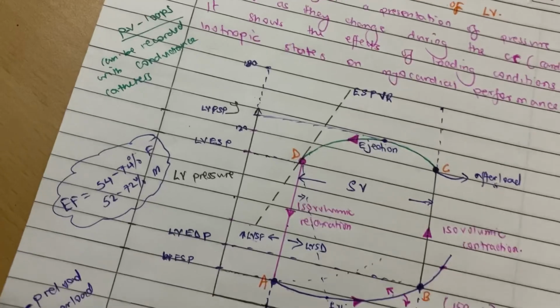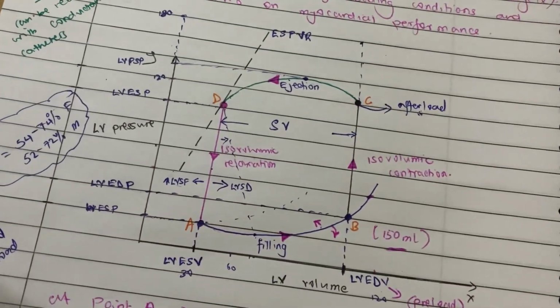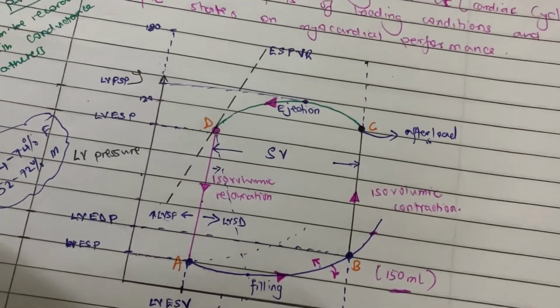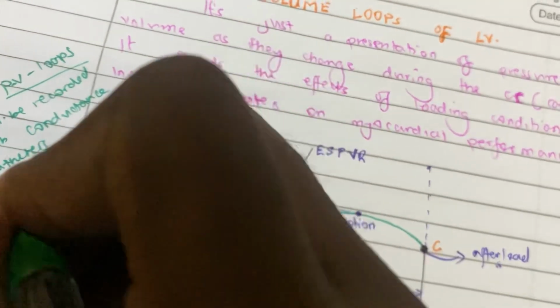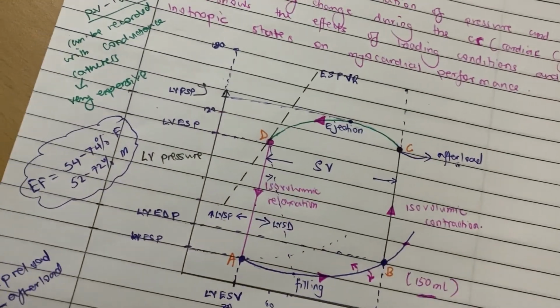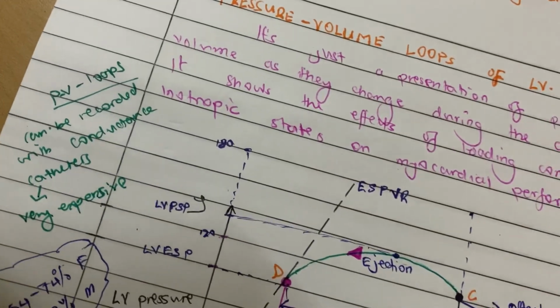Meaning we have to be in the cath lab, insert the catheter via the arterial system, go to the LV and measure what it is supposed to measure. But these catheters are very expensive, so many centers don't have them.